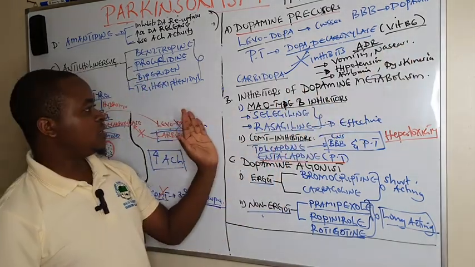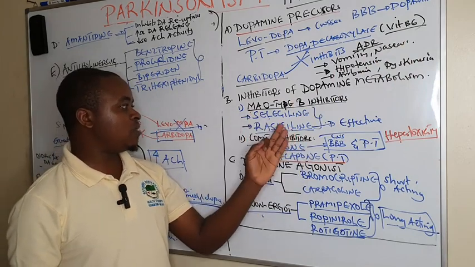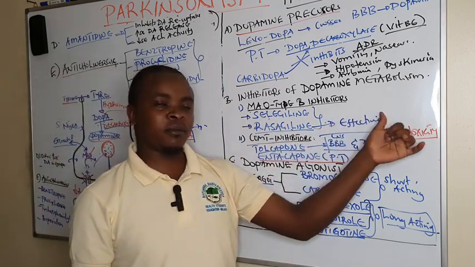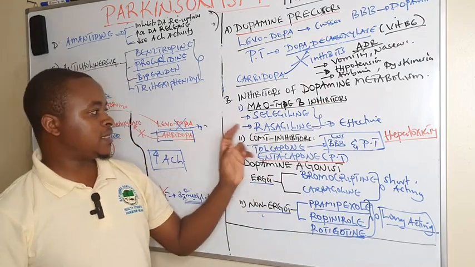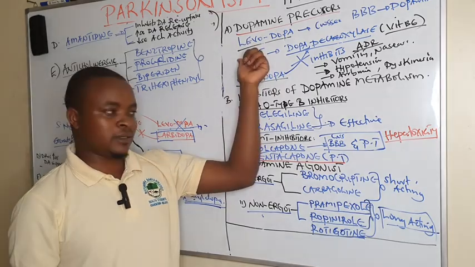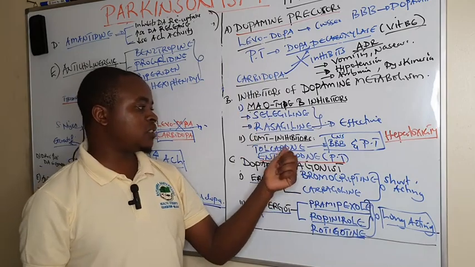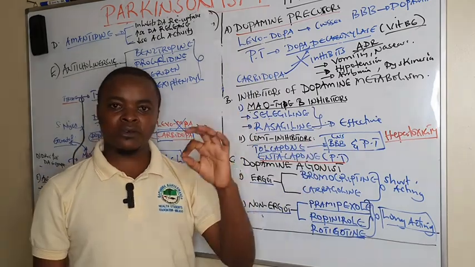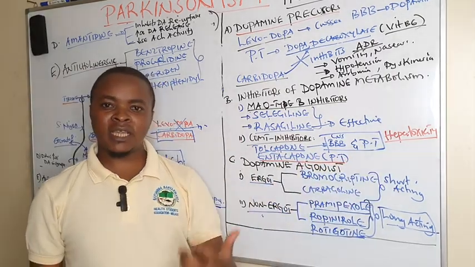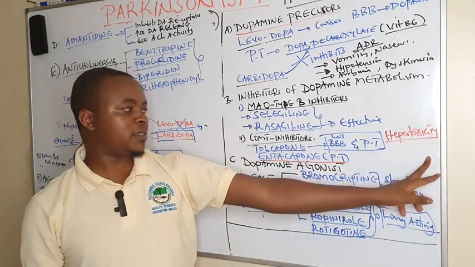Then we have seen these ones which inhibit metabolism, like MAO inhibitor type B, selegiline and rasagiline, but we have said among them, the effective one is rasagiline, but they are also given in combination with this. We have also seen COMT inhibitors, whereby the most effective is tolcapone, which crosses the blood-brain barrier and also acts in the peripheral tissue, but we have said its use is limited due to hepatotoxicity effect.